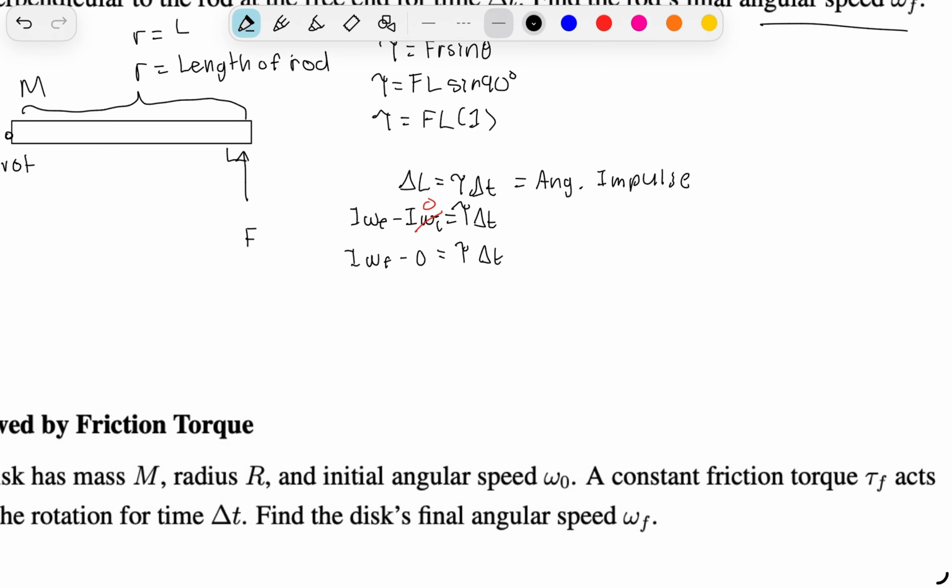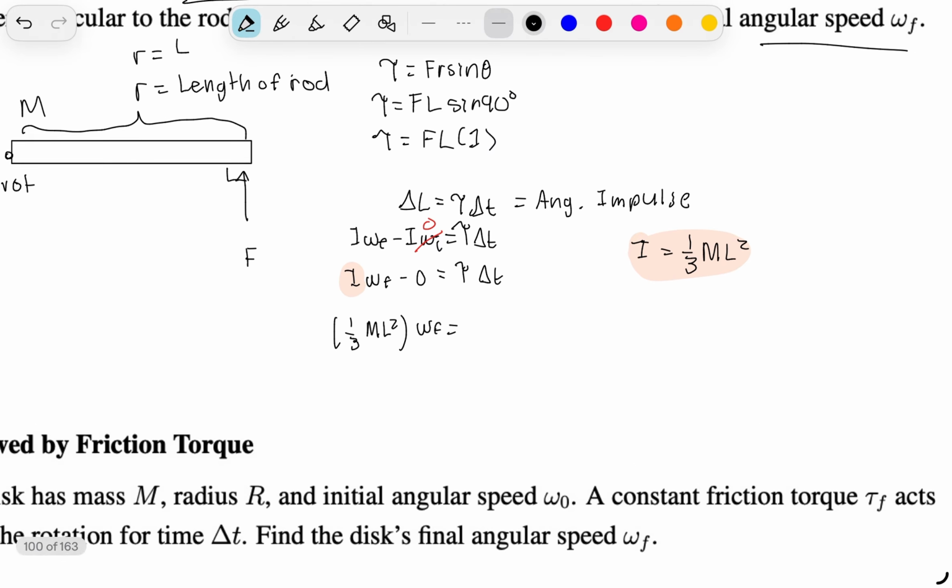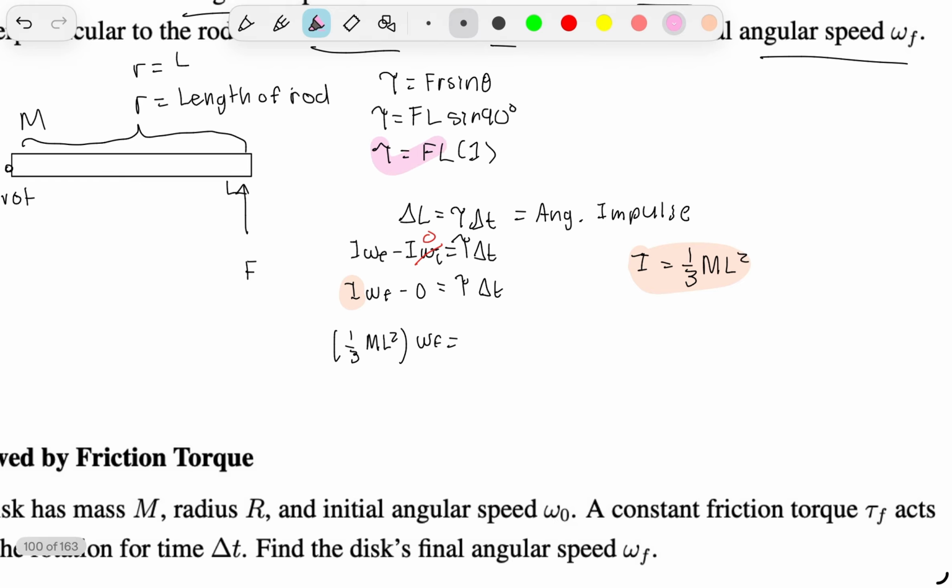So we know that for a rod about one end, that inertia is 1/3 ml squared. On AP Physics, you won't have to know this, they'll actually give it to you. So you're going to take that inertia and substitute that in here. So you have 1/3 ml squared times omega final, and you have your torque as well, which we just found right here.